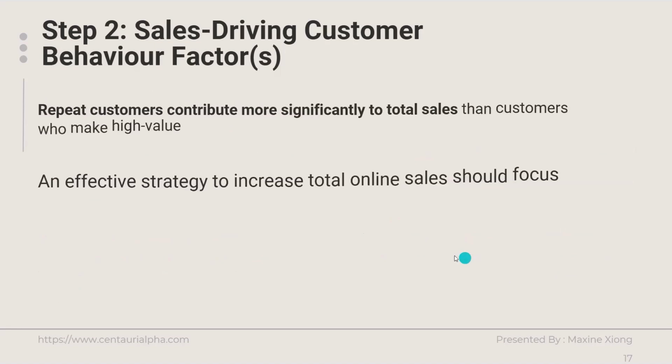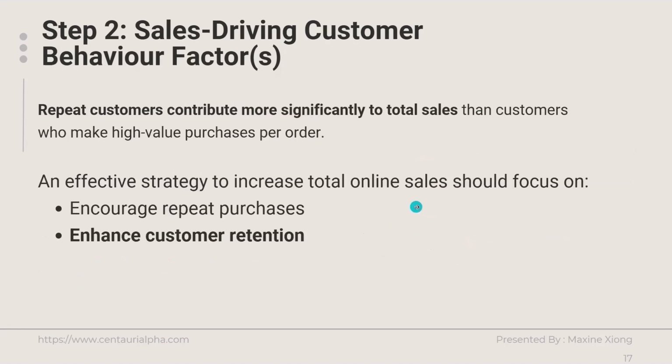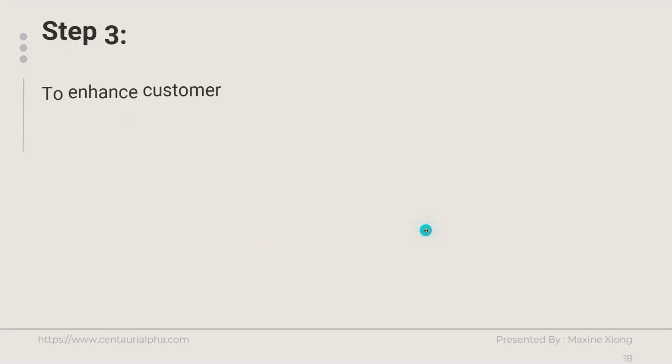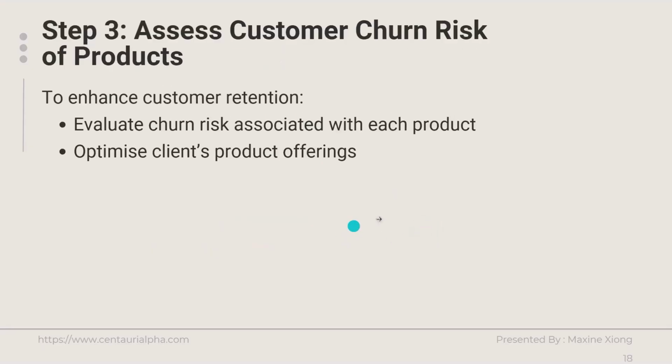The analysis we conducted at this step reveals that repeat customers contribute more significantly to total sales than customers who make high-value purchases per order. Therefore, implementing business strategies aimed at encouraging repeat purchases and enhancing customer retention is likely to be more effective in boosting total online sales.